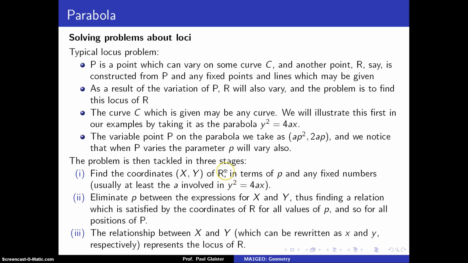So the coordinates of the point R, some point that moves that depends on little p, then we can write down an expression for x and y in terms of p. And if we eliminate between x and y the parameter p, then we get a relationship between capital X and capital Y, which is valid for all p, and that will describe the locus of the point R.